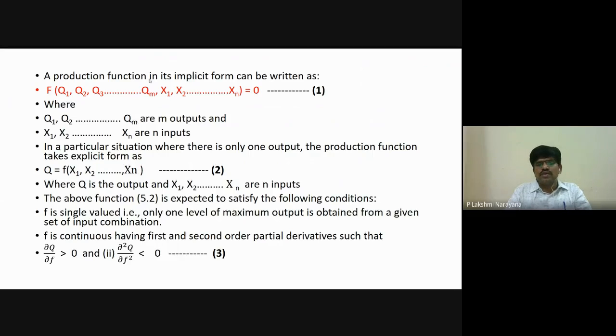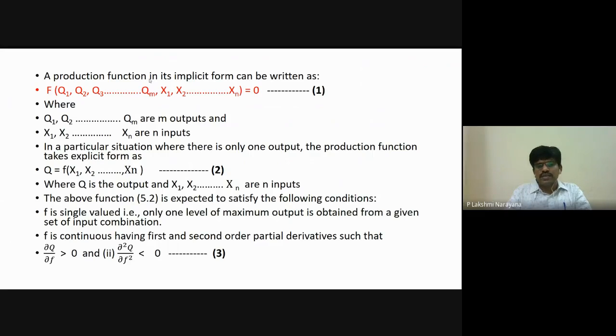In a particular situation where there is only one output, the production function takes the explicit form q = f(x1, x2, ..., xn), where q is the output and x1, x2, ..., xn are inputs. So this is a case of a single output and many inputs.